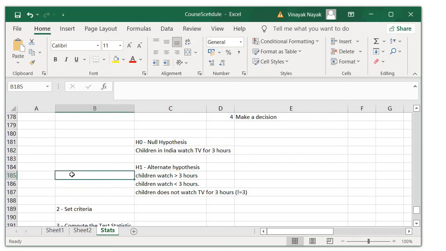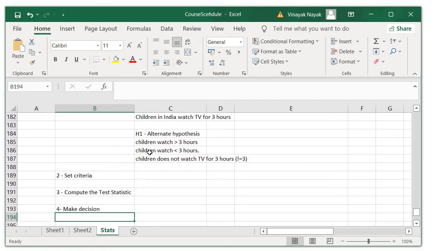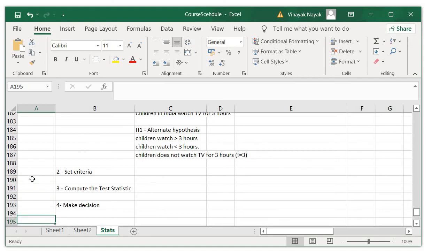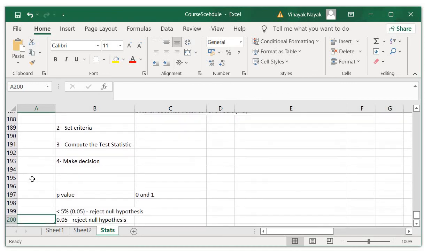Then we created an alternate hypothesis wherein we wrote that children watch more than 3 hours, children watch less than 3 hours, and children do not watch TV for 3 hours, which is not equal to 3. Okay. The second step was to set the criteria. The third one was to compute the test statistic, and the last one was to make a decision.